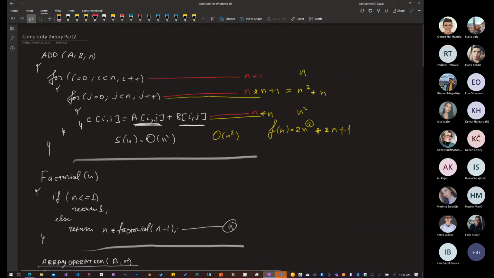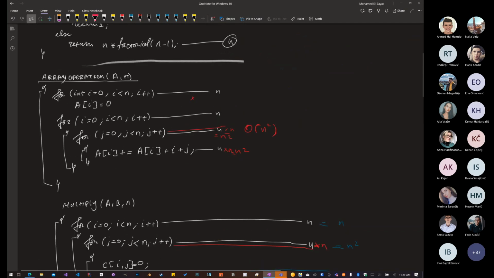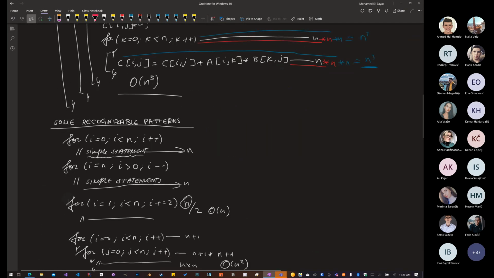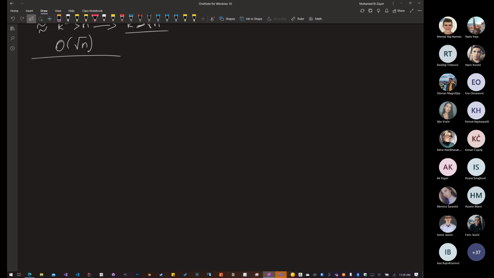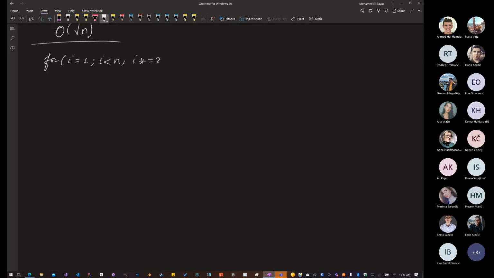So far, we have covered a lot of patterns in here. Okay, so let's say you have a for loop of i equals 1, i is less than n, but this time i times equals 2.